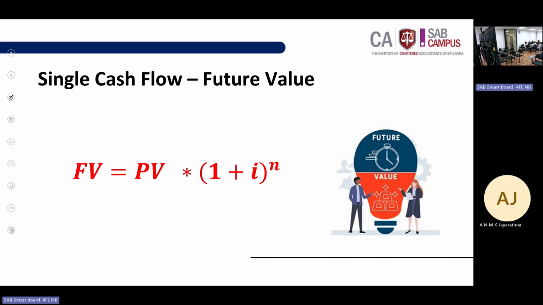Single cash flow: in year 0, you deposited money. These are the number of years, first, second, third. Only in year 0 do you deposit money, and then you expect to have this value at the end of the third year.